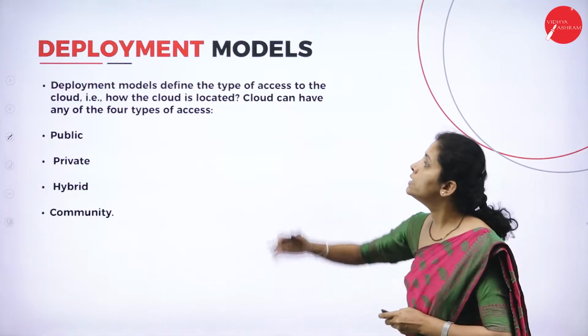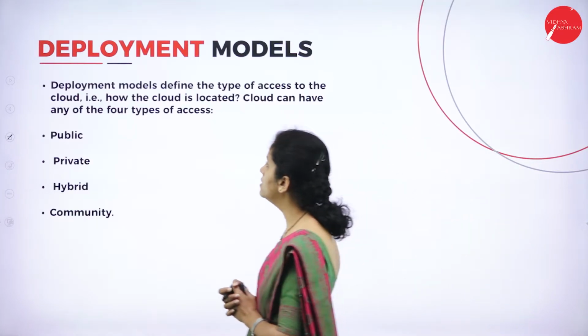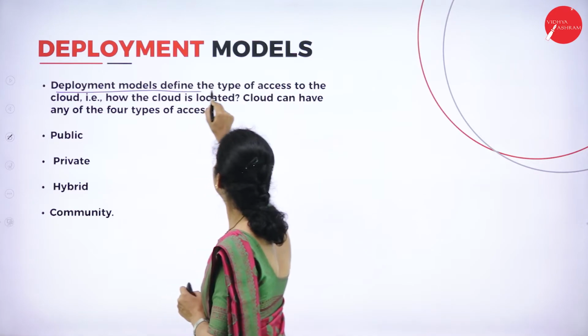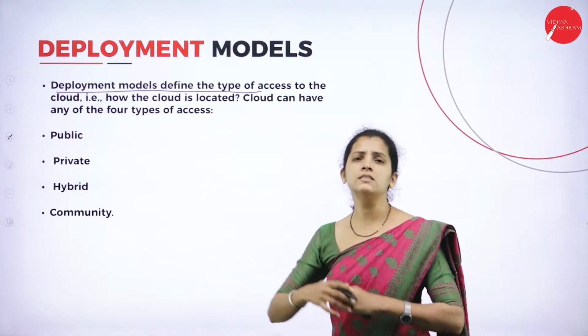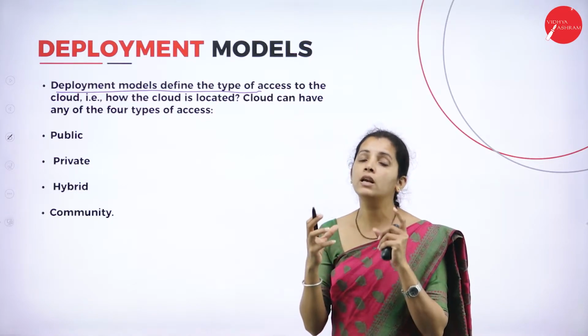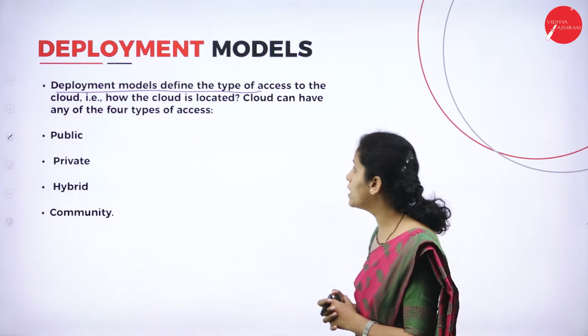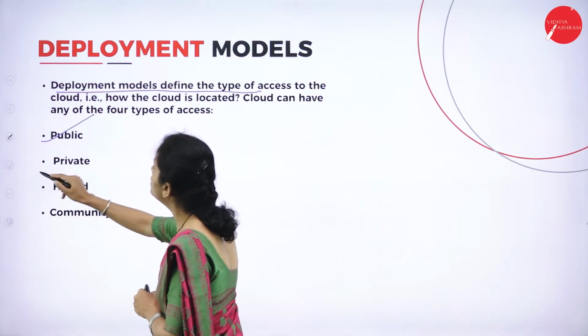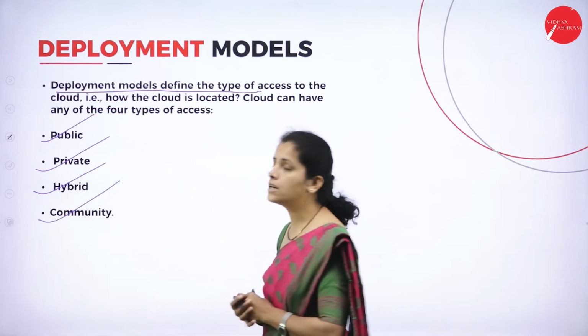So here, the deployment model. What is this deployment model? Deployment models define the type of access. That means the different kinds of clouds. Which are the different kinds of clouds we are going to have here? Public cloud, private cloud, hybrid and community cloud.